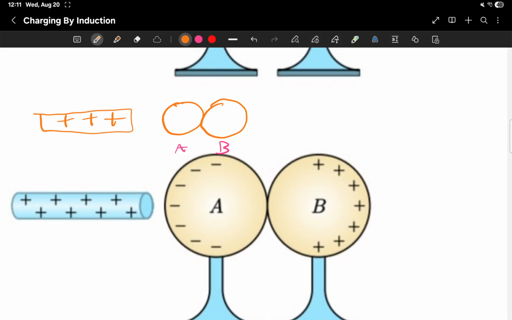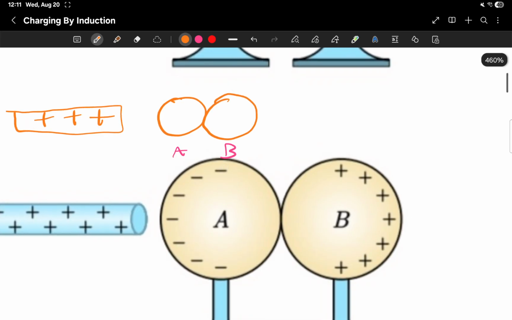Basically, this is kind of like a magnet, where since you have a positive charge on this side, though this sphere here is neutral, the positive charges will sort of push away electrons inside this metallic sphere towards its right-hand side.